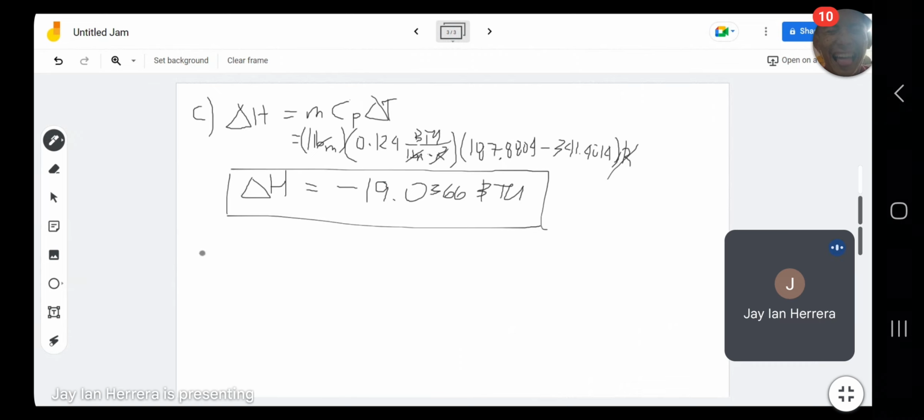And then for letter D, binigay ko last online class yung mga formulas for isentropic.